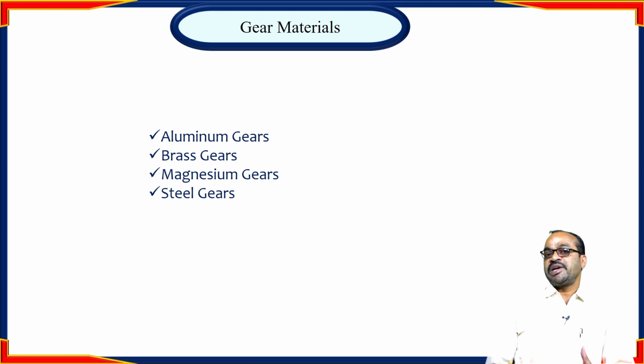Generally, the gear materials, as I mentioned here, are all metals. But gears are manufactured using non-metals also. First, we will see the metals. What are the materials we are using? Aluminium we are using for fabricating or producing gears. Brass, magnesium, steel. Okay, so these are the majorly used metals.